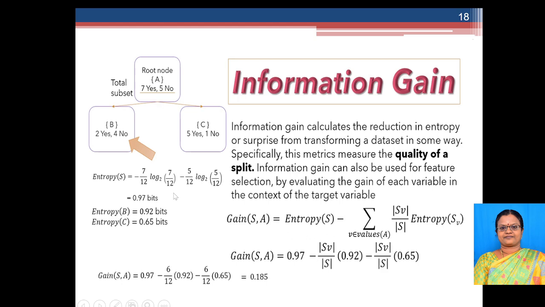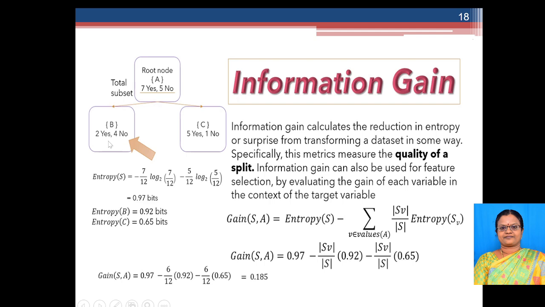Let us apply all three values here. So I have 0.97 minus, what is this Sv, it is about the number of values, that is 6 by 12 into 0.92 minus 6 by 12 into 0.65, which is equal to... How did I get this 6?